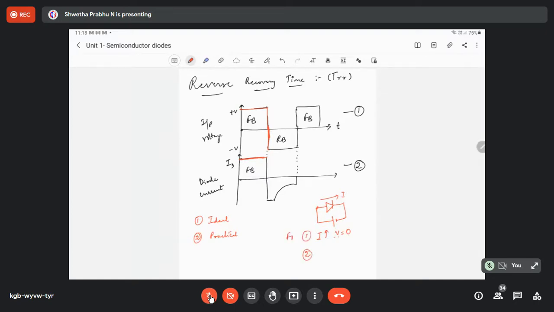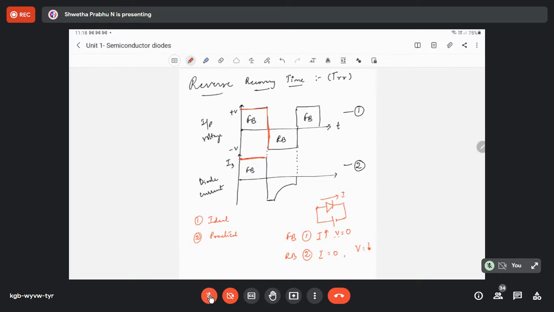This is for forward bias. Next, for reverse bias, current will be 0 for the reverse bias case. Correct? So we will explain this figure with respect to two conditions.